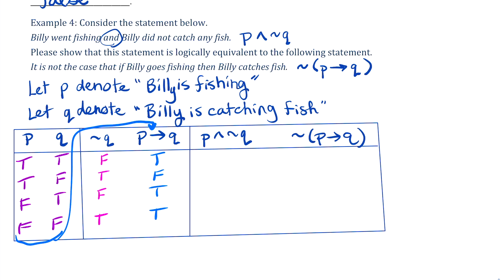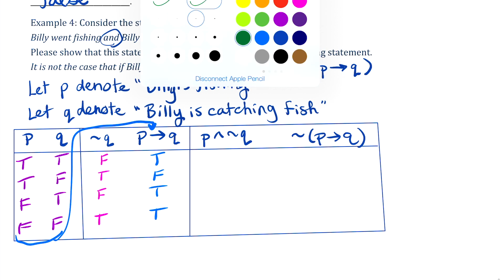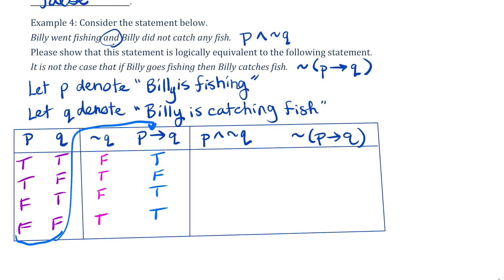So again, P and not Q: true, false, false, true, true, true, false, false, false, and false, true, false. So that was something learned from last lecture 2.1.